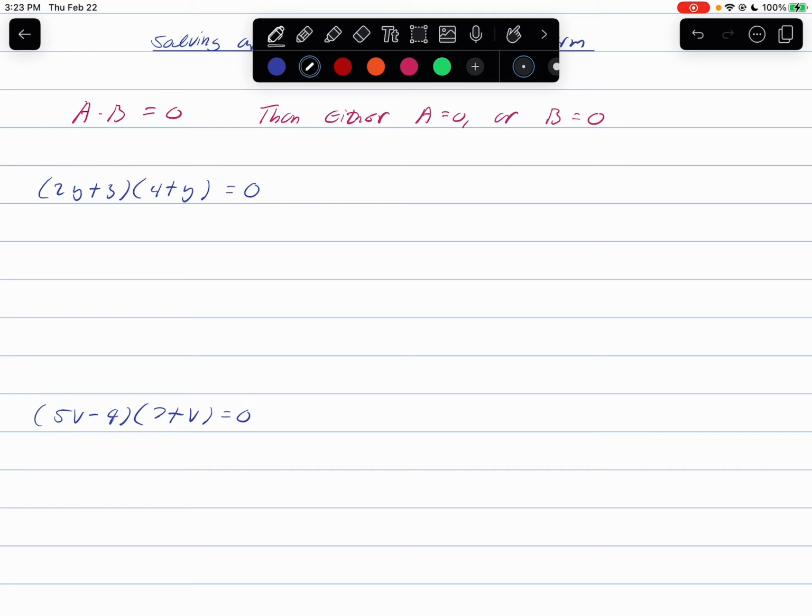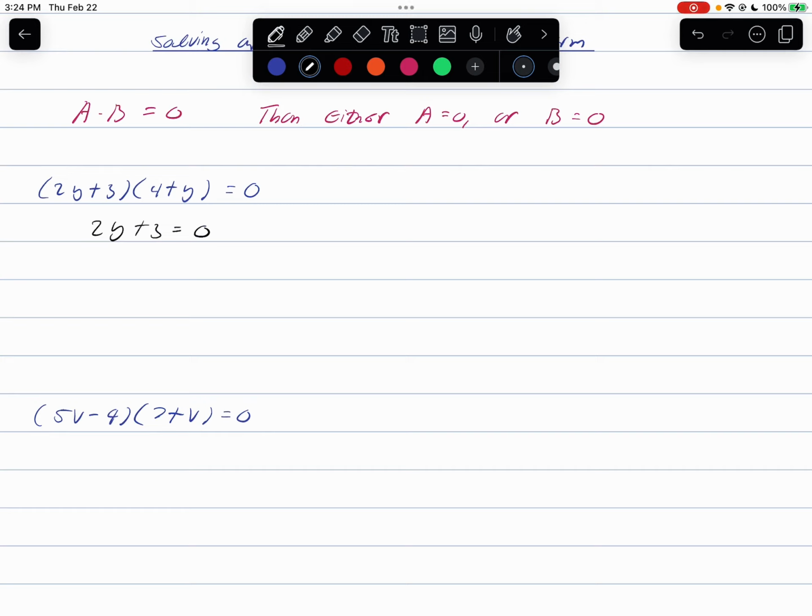Okay, so for this first one, we have this equation equal to 0. So the idea is we want to figure out which values of y would make this equal to 0. So we need one of these, or in this case, we're looking for both of them really, when they're equal to 0. So what we're going to do is set each of these individual terms equal to 0. So first, we're going to start by setting 2y plus 3 equal to 0.